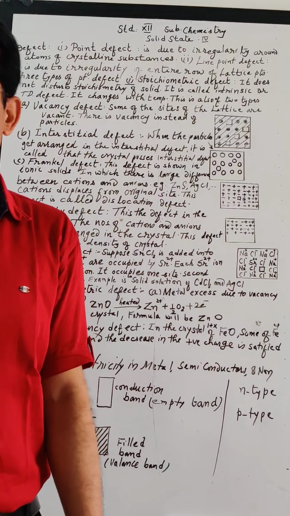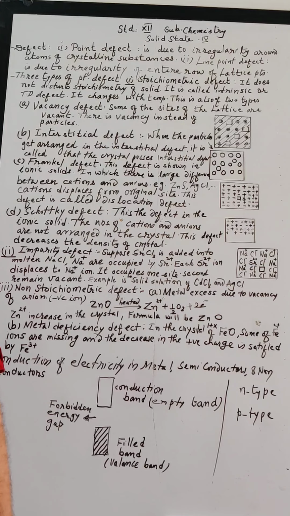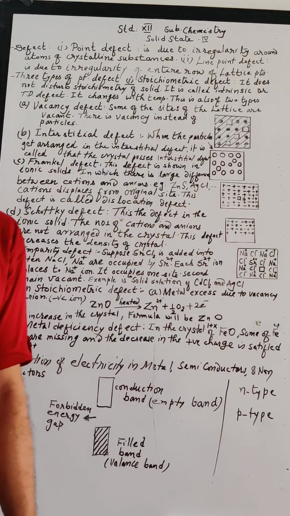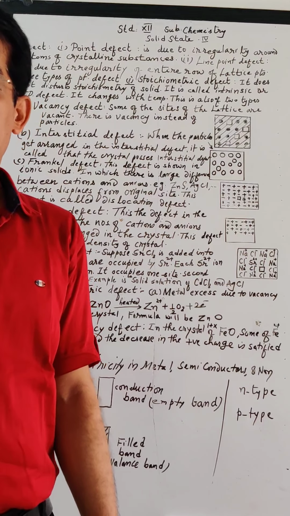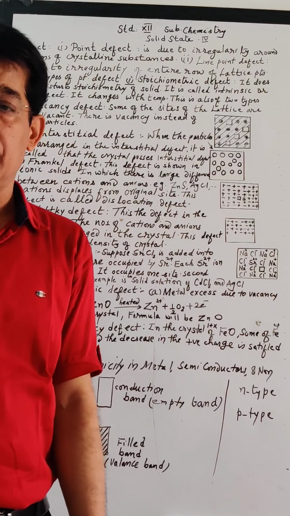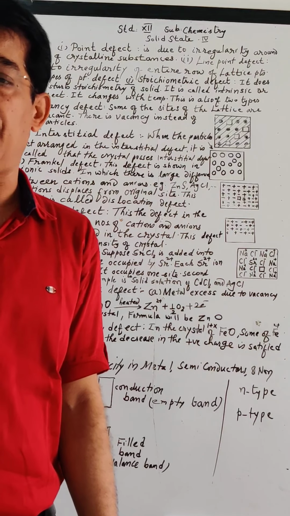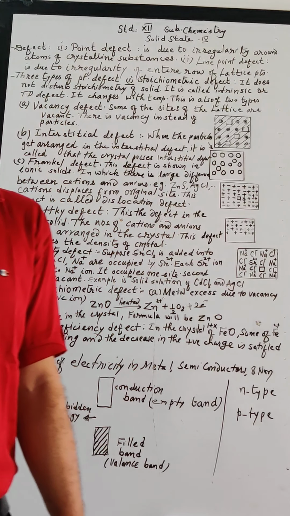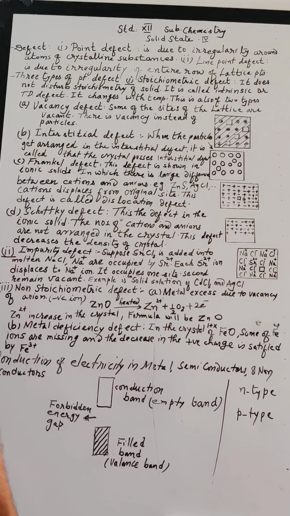There are 10^22 ions in a centimeter cube volume. There is one Schottky defect per 10^16 ions in ionic solids like NaCl, KCl, AgBr.